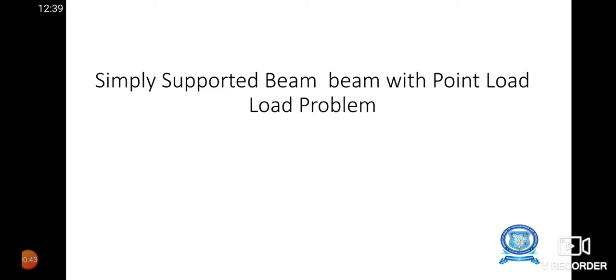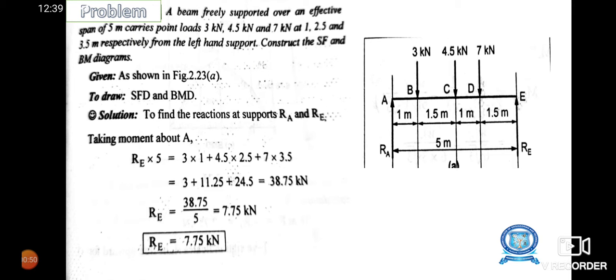So we have discussed problems on a simply supported beam with point loads. That is the problem.